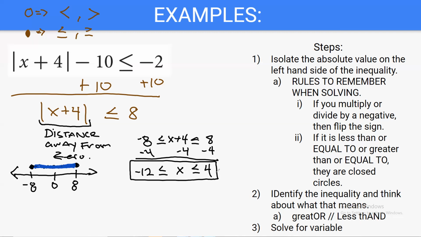Okay? If you would have to graph it, right? 0, let's make this -12. Let's make this 4. Closed circles here and here, and it's in between. Okay?